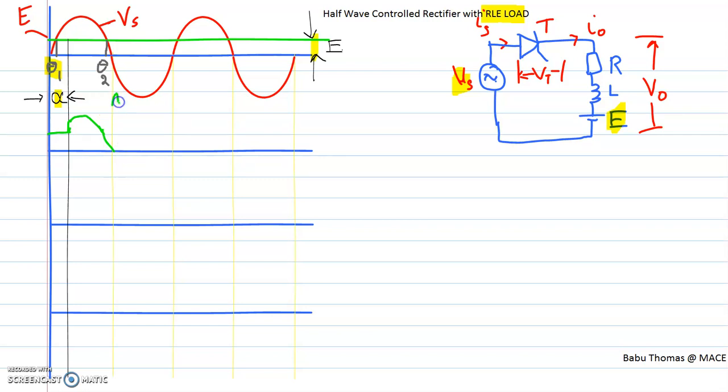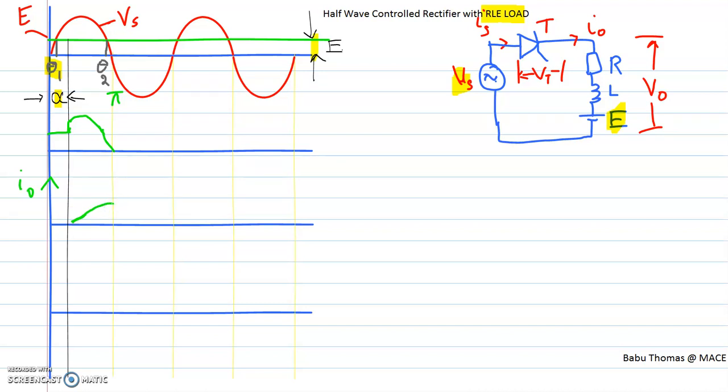So at angle pi, what happens? The voltage is getting reversed, but your current will not reach 0 because this is an inductive load. Therefore, the current waveform I can plot like this. If this is I0, the waveform for your current can be plotted like this.